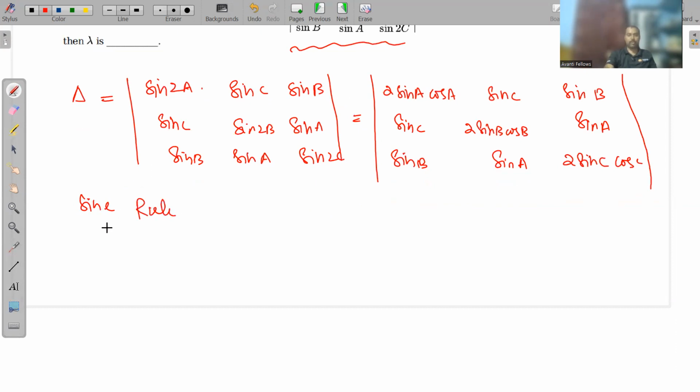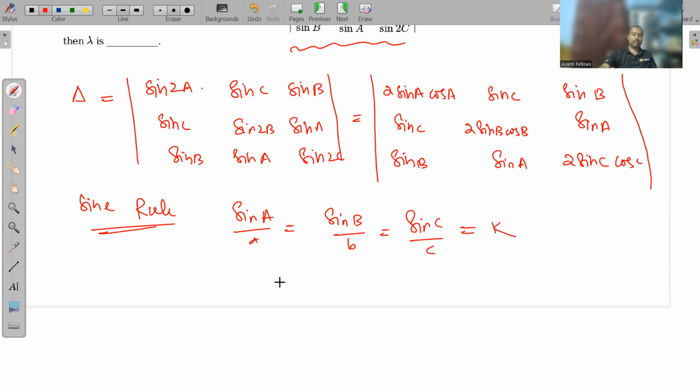Sine A by a is equal to sine B by b is equal to sine C by c, which is equal to k, suppose. So sine A is ka, sine B is kb, sine C is kc. So in place of sine A, sine B, sine C, we can substitute ka, kb, kc respectively.